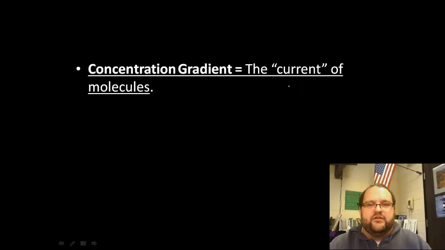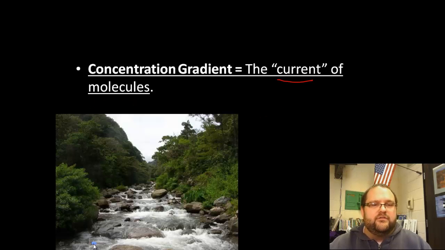And the concentration gradient is like the current or flow of molecules. So the best way to think about this is a rushing river. If I am going downstream, I don't really have to paddle very hard. The current or the flow of water carries me.